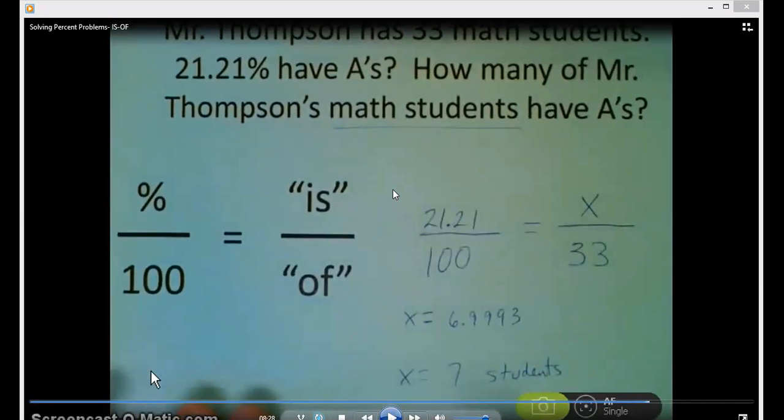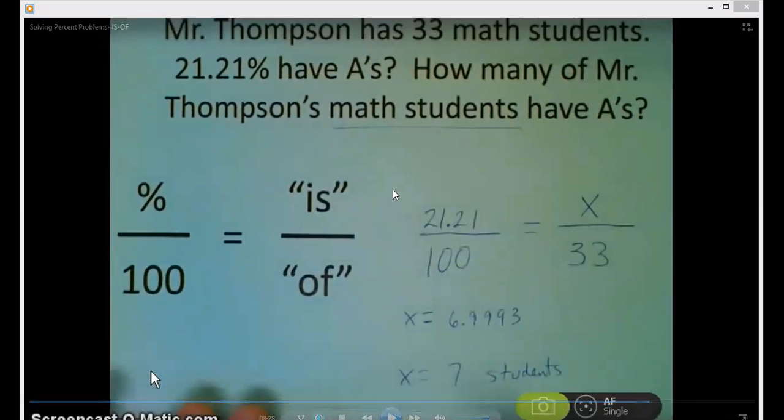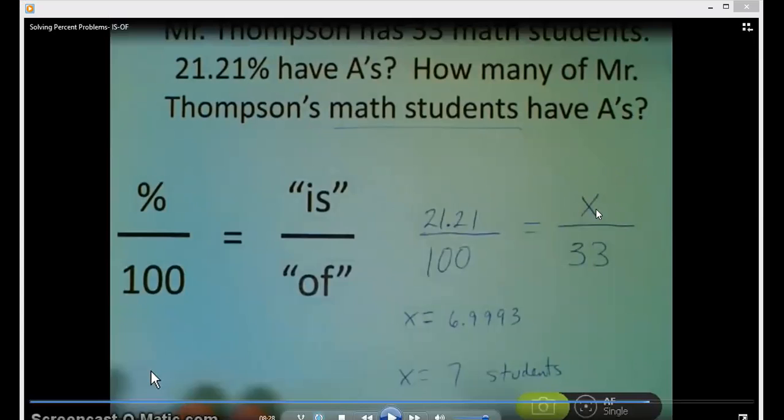We will translate the word problems into a formula. As I said, the formula is percent over 100 equals is over of. Here in this question, as you see, Mr. Thompson has 33 math students. So this represents the total. As I told you, the numerator represents the part, the denominator represents the total.